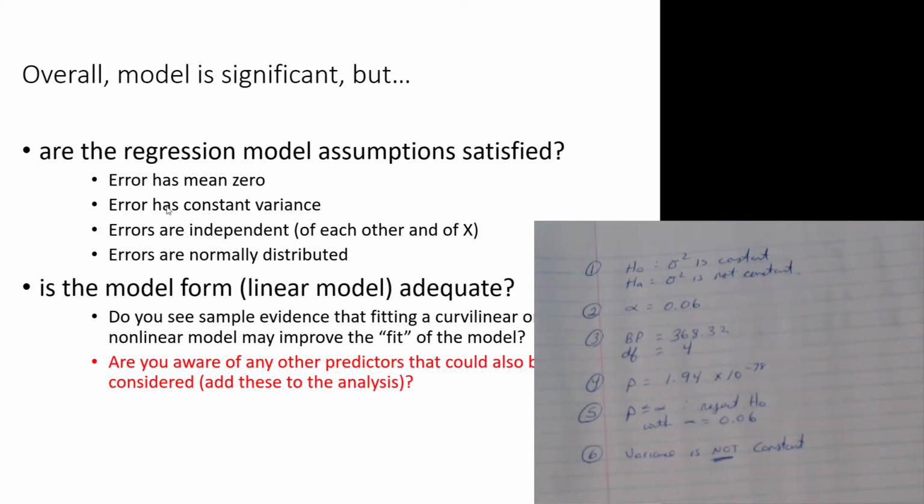So because the errors are not constant, it could mean that there is some problem here. And some of the problems are we're trying to fit a linear relationship where the relationship is actually nonlinear. Hard to say here. Also, perhaps missing variables.